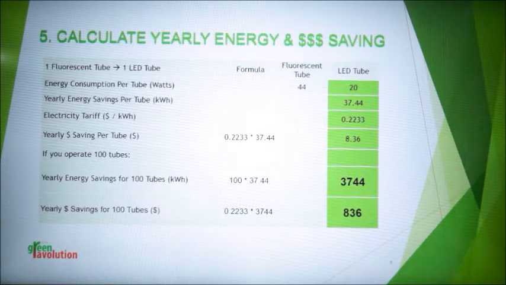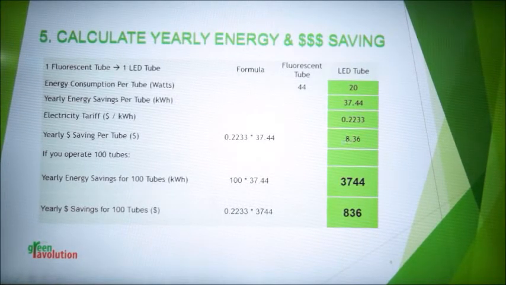Now that may not sound much, but if you are operating a facility where you're using hundreds of tubes, for example a retail outlet, for example car parks, for example even your office, and if you're using them many more hours, for example 10, 15, even up to 24 hours a day, every day of the year, then you're going to save a lot in terms of energy and dollars.